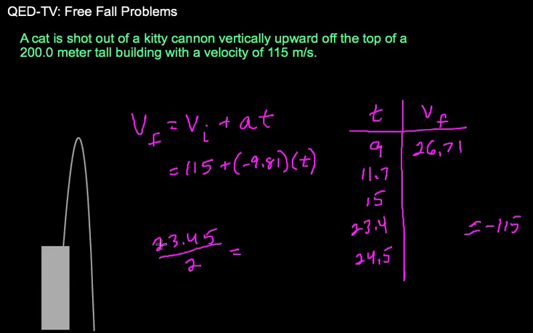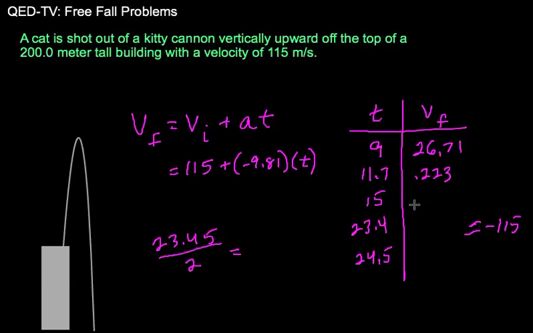So we're looking at about 11.7 seconds or so. So right here, when we get 11.7, if you plug that in, technically you get like 0.223 meters per second, but that's really close to 0. So that means it's plus, so we're still going up, but we're almost here to the top at 11.7 seconds.